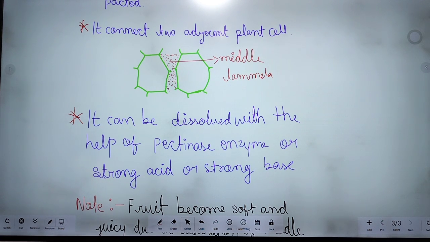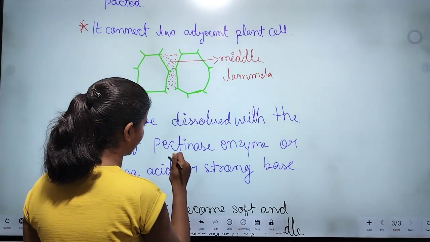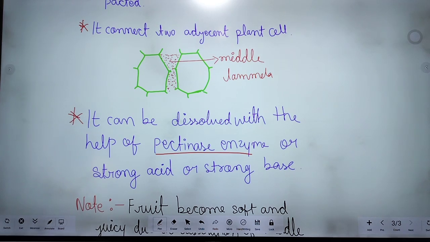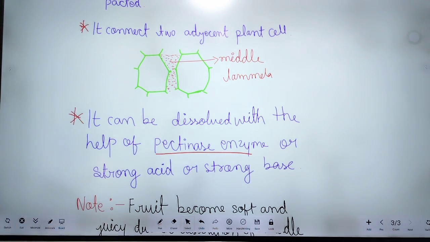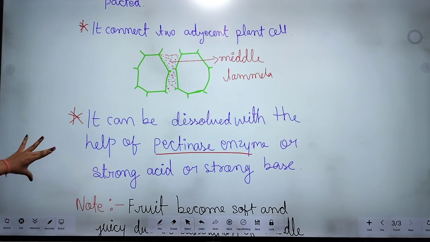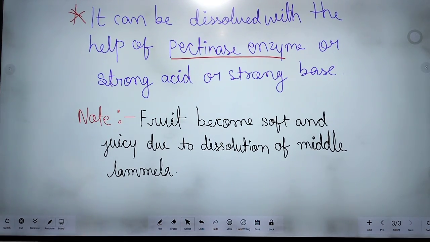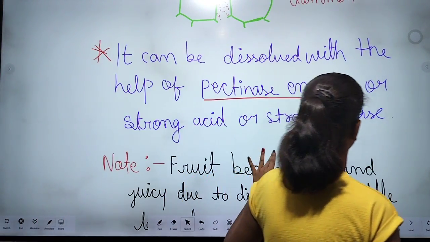It can be dissolved with the help of pectinase enzyme, which is a type of enzyme, or strong acid or strong base. Here is a note point that the fruit becomes soft and juicy with the dissolution of middle lamella. I hope you understand all these things.